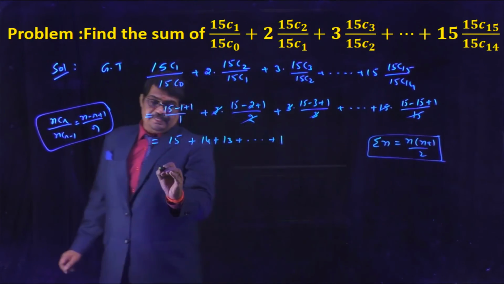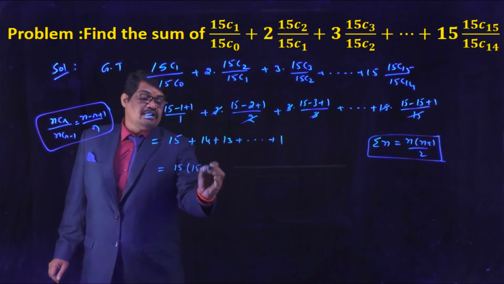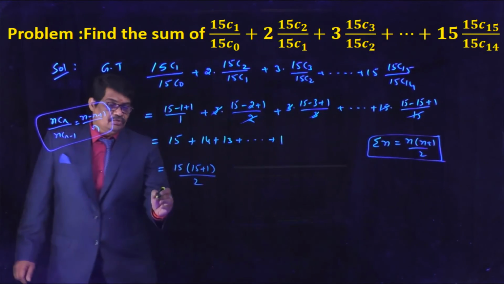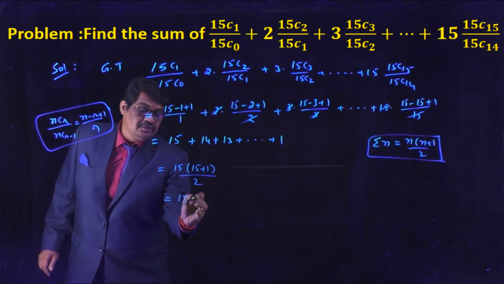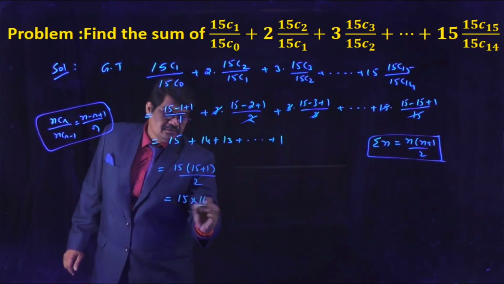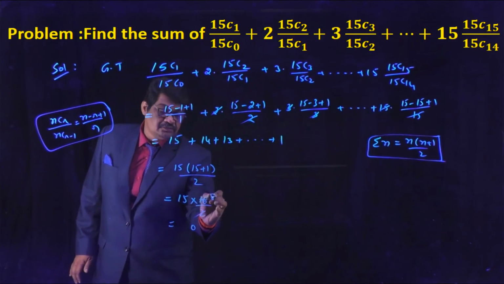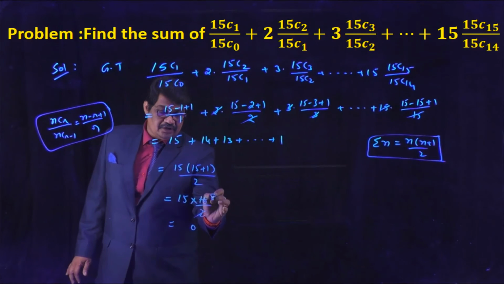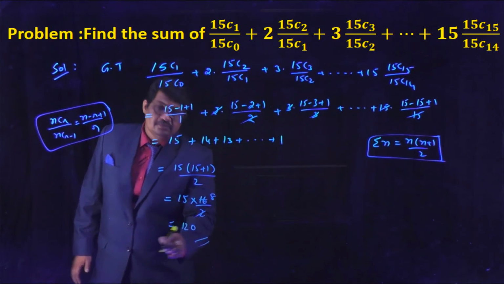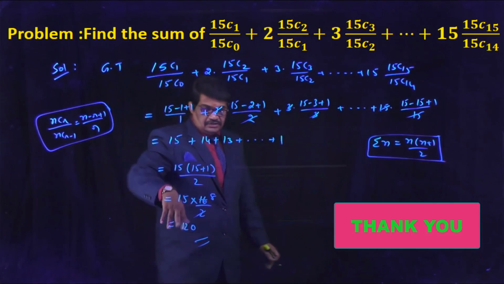So n into n plus 1 by 2, that is 15 into 15 plus 1, 16, by 2. That is 8, 8 fives are 40, 8 plus 2 is 12, 120. So the value of this given series is 120.